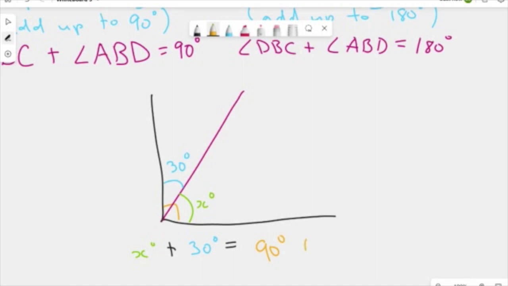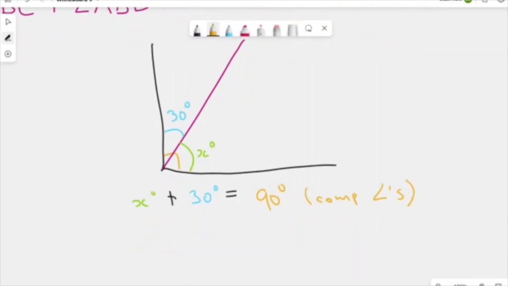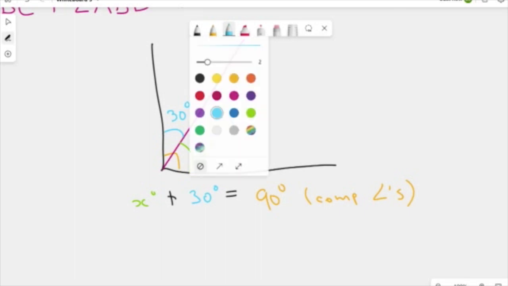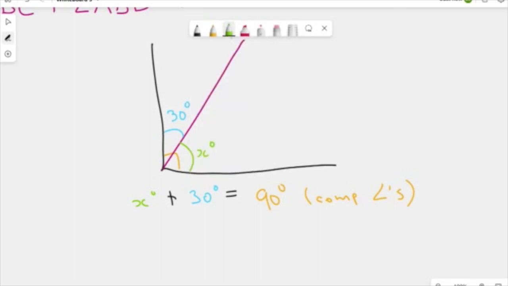Why do we know that? Because these are complementary angles. So we need some number that when added to 30 gives us 90. And if you had a go at this, that is awesome. And I'm going to give you the answer here. We know therefore X should be 60 degrees.